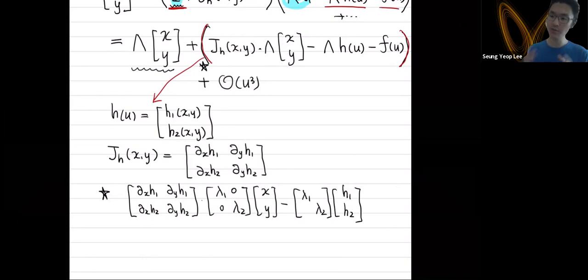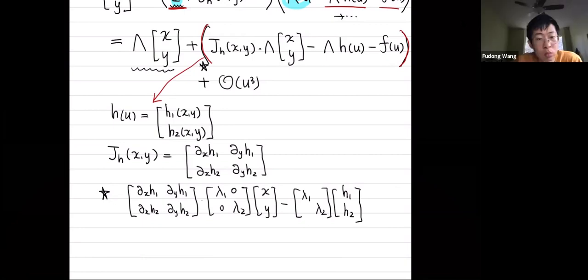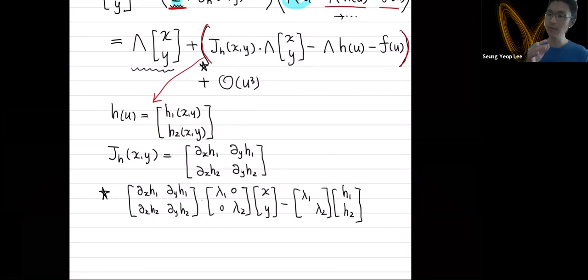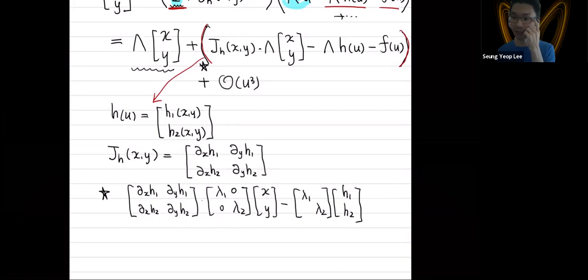So by this change of variable, is there any quadratic term that we can get rid of? When it's a hyperbolic system, you can get rid of all the quadratic terms. So a hyperbolic system is essentially described by the linear terms. So quadratic terms are not important. So you can get rid of all the quadratic terms. You will see.